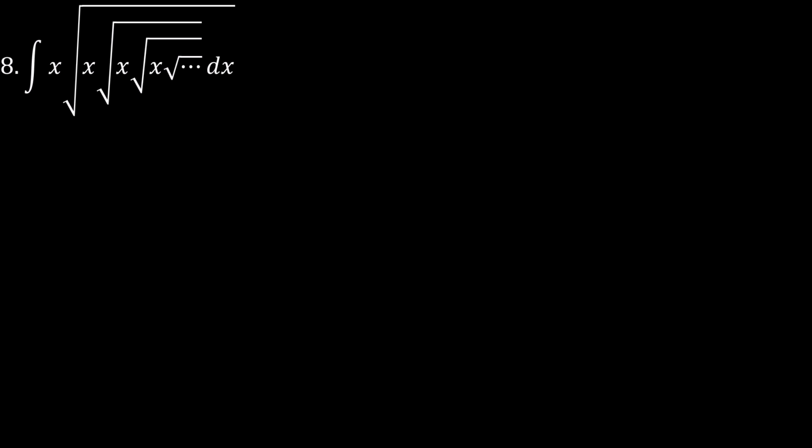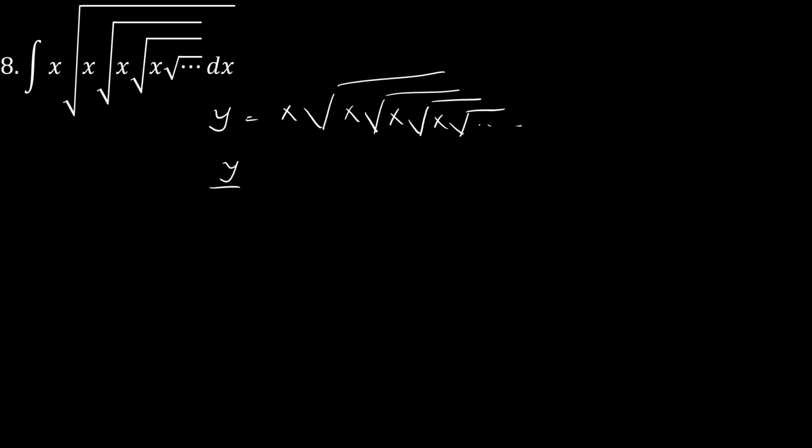So what we can do here is we can say let y be equal to x square root of x square root of x square root of x, and so on, such that when you divide both sides by x, we have the same thing.